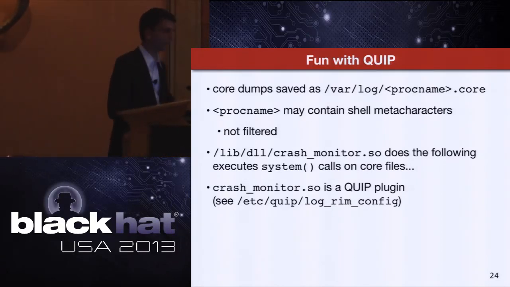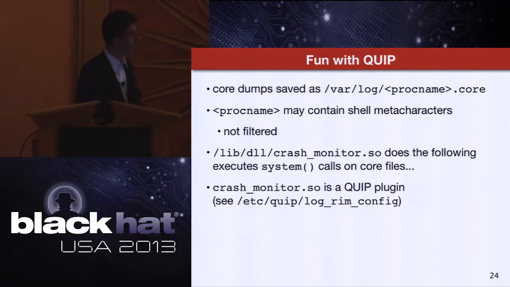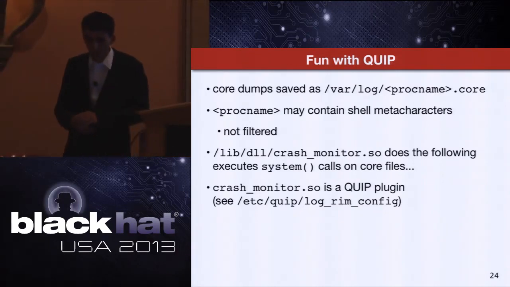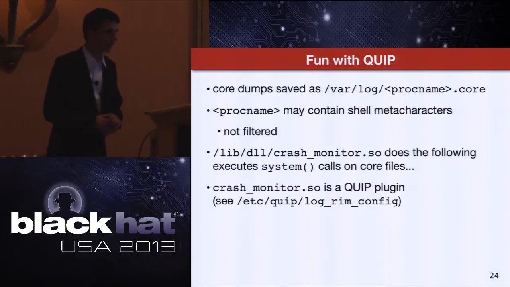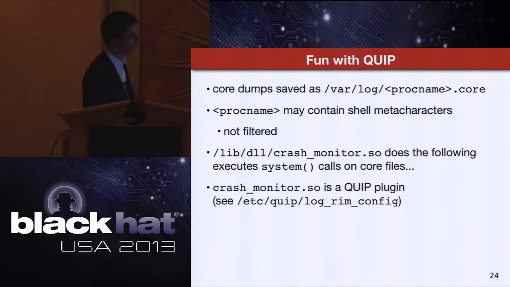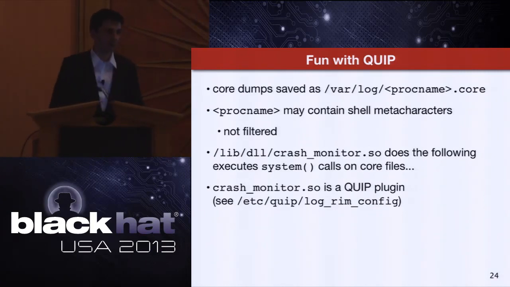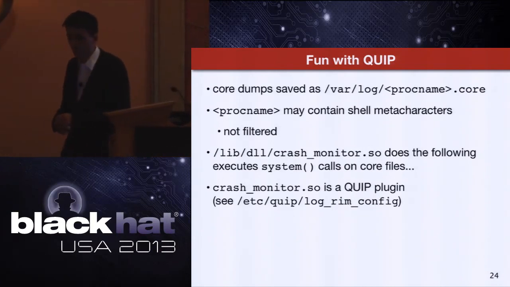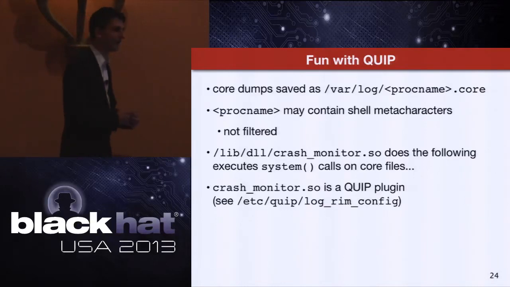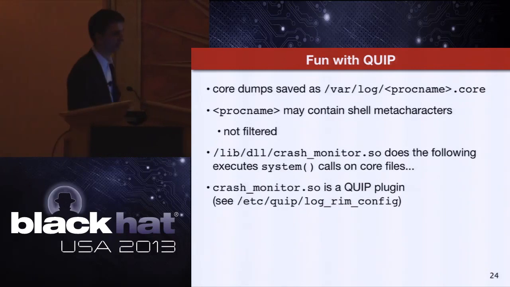For instance, there's a plugin for this QUIP that looks at the crashes, at critical crashes. Crashes are stored in /var/log, and they're stored according to the process name that has crashed. And again, there's no filtering going on on any of the characters, so the process name may contain shell metacharacters as well.